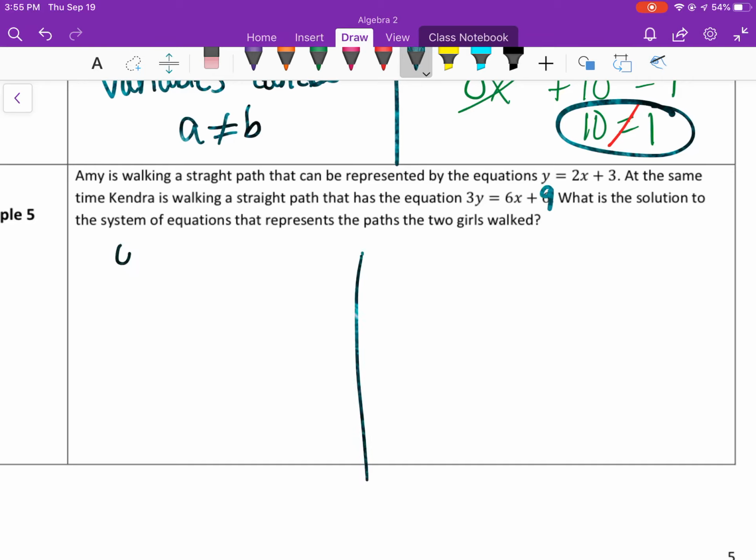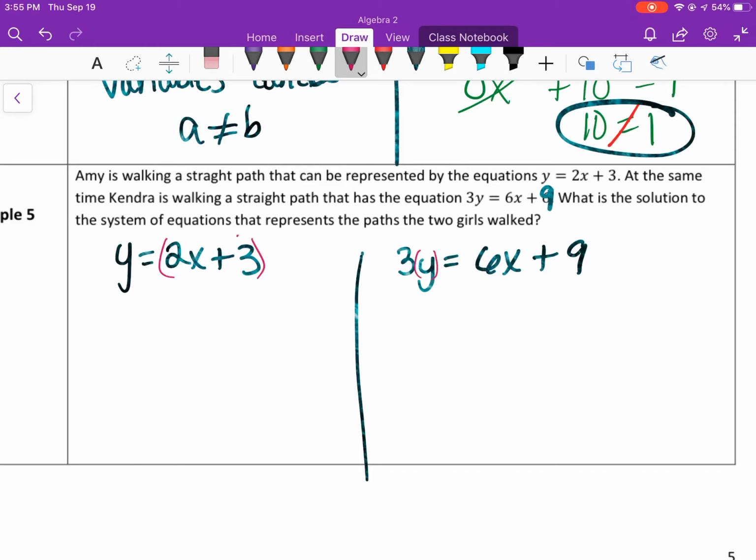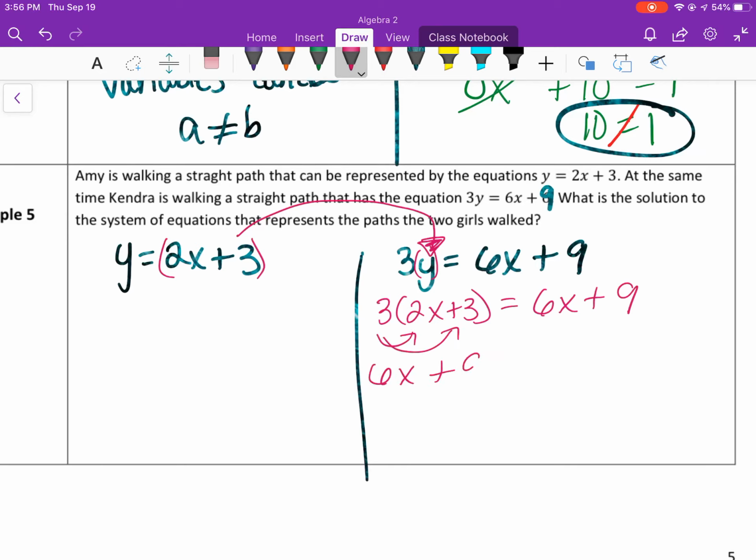So if I take Amy's walking path of 2x plus 3, and I take Kendra's walking path of 3y equals 6x plus 9 because I changed it, I can substitute in for y, because that's the variable I've isolated, and you're going to get 3 times 2x plus 3 equals 6x plus 9. Distributing the 3, I'm going to get 6x plus 9 equals 6x plus 9.